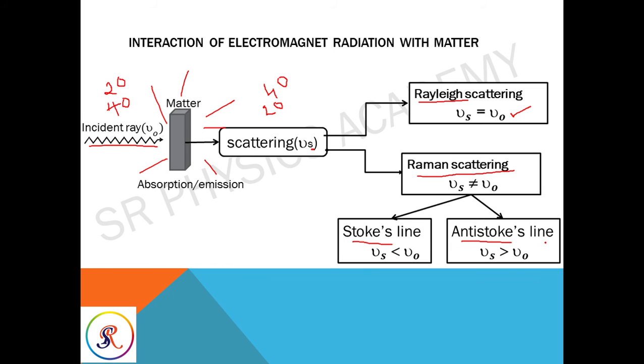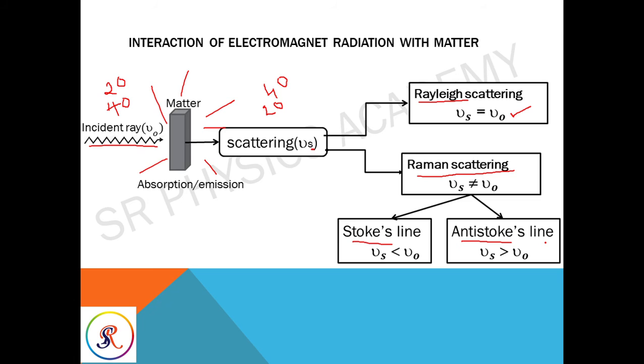Next, when incident ray is not equal to scattering, then Raman scattering. In Raman scattering, suppose the incident ray is more compared to scattering, then we can say Stokes line. Now, if the incident ray is less and scattering is more frequency, then we can say anti-Stokes line.